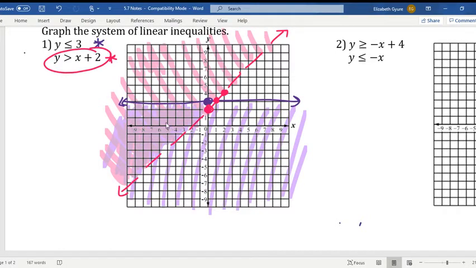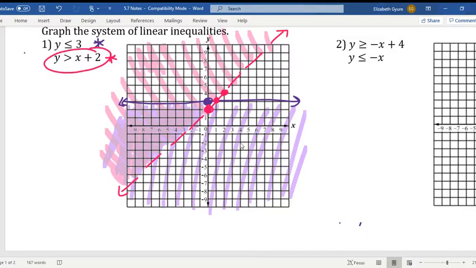That means this little chunk where our colors overlapped, that's where our solutions are. That's where our answers are. So if I pick any point in this little shaded area, that's an answer. So like if I picked the coordinate point -5, 1, that's an answer. Like if I plug those in, they would work. But if I plug something in that's not in the shaded area, that's not an answer.